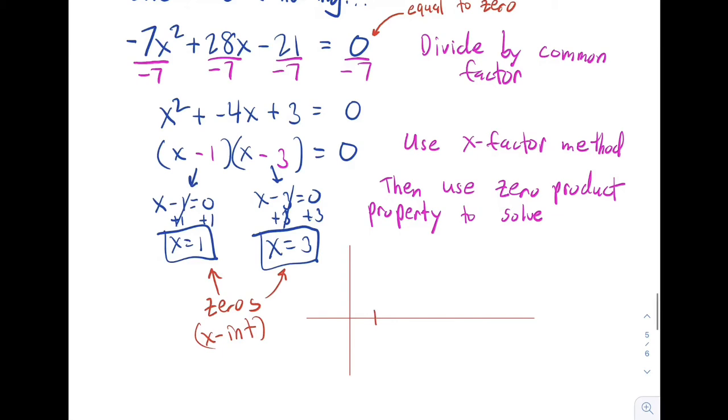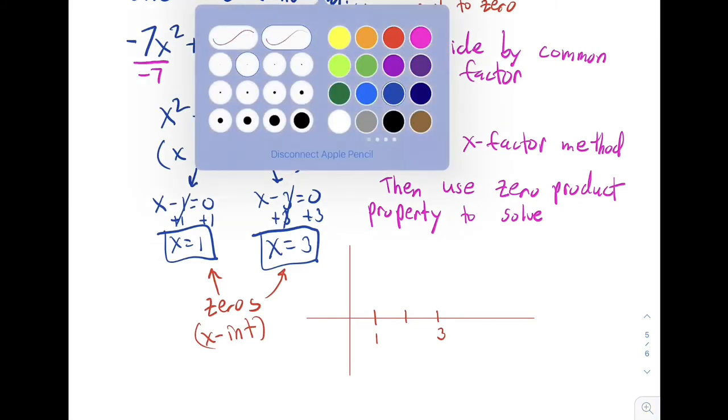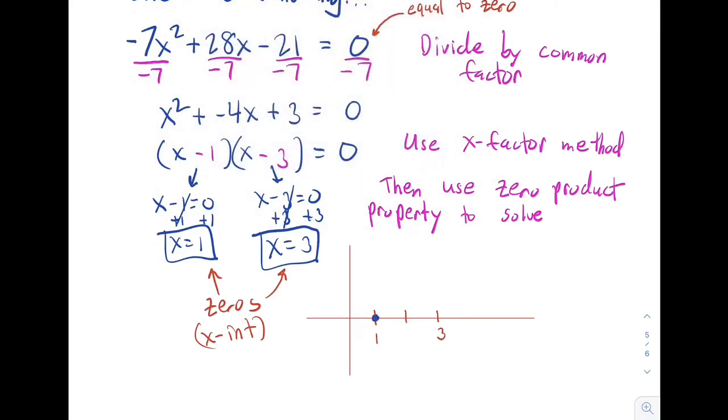At 1, there's one, and at 3, these are the intercepts for our graph. And since our a is negative, we have negative 7 in the front, it's going to be opening down. So our graph should look something like that, going through our x-intercepts.